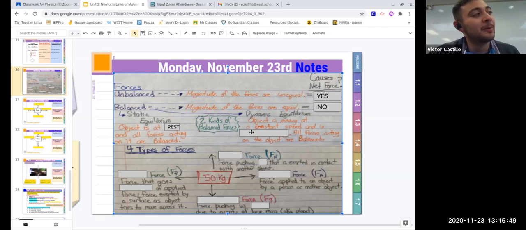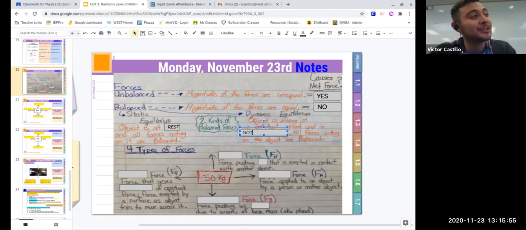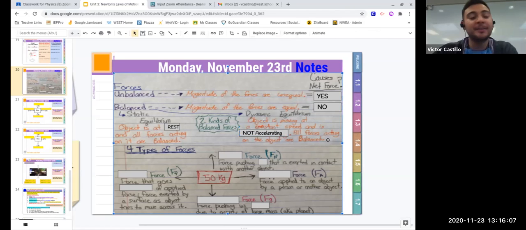Okay. Now we have dynamic equilibrium. Dynamic equilibrium is when the object is moving at constant speed and is not accelerating. That means it's not speeding up. It is not slowing down. It's moving at a constant speed. Think of it for any of my drivers. Most of you are sophomores and juniors, so I'm pretty sure you know how to drive at this point, maybe.